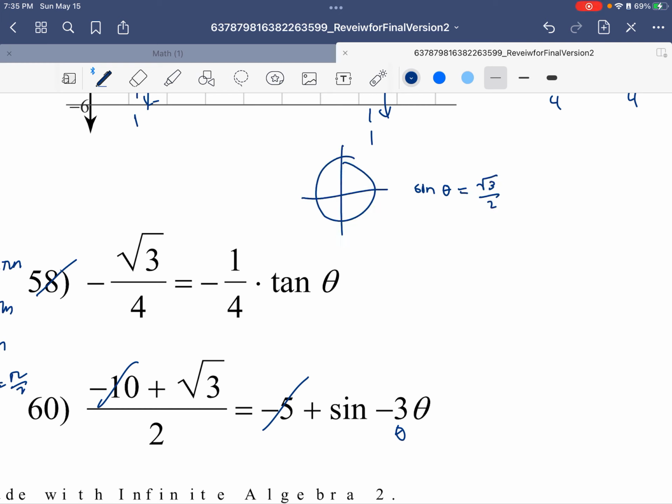And so where can it be? It can't be where sine is negative, so it can't be here, and it can't be here. So it can be here, or it can be here. So let's take this now. We take our theta equal to that angle, which is pi over 3 plus 2 pi n.